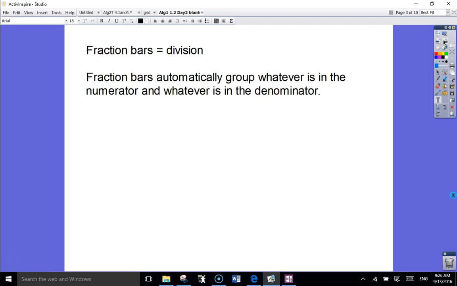Who remembers, in the calculator, how do you find the fraction format? What are the steps for finding the fraction?